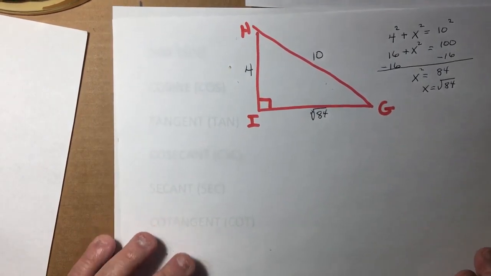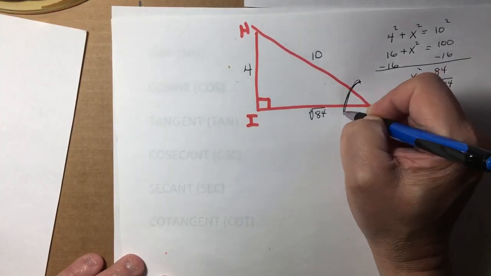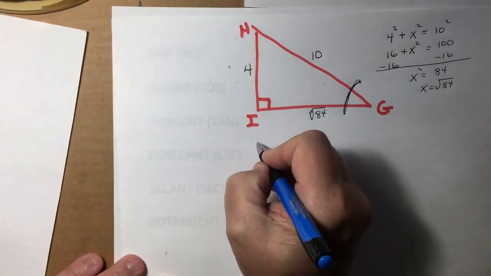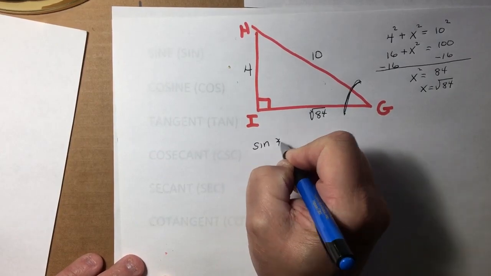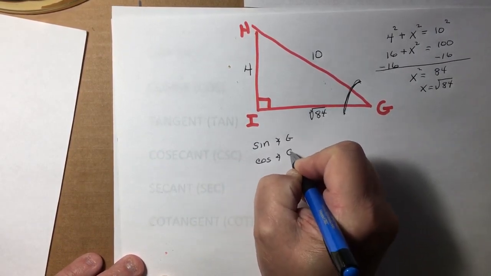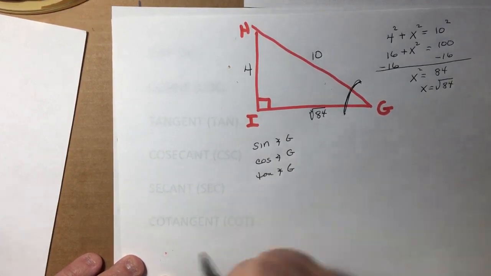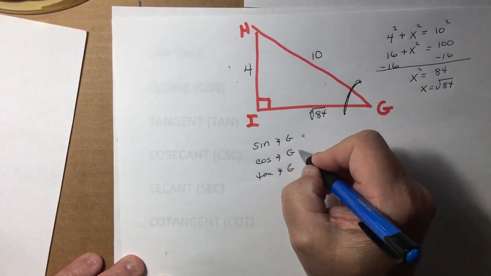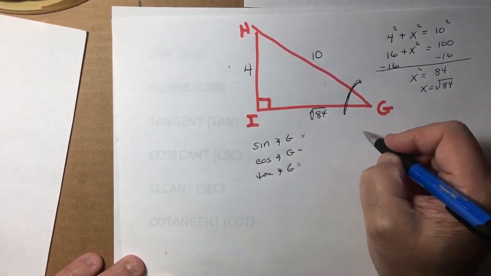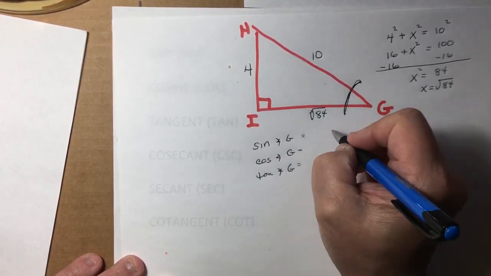So now let's do the 6 trig functions. Let's do it for angle G. So we're going to find the sine of angle G, the cosine of angle G, and the tangent of angle G. And let's list our other 3. I always list them right next to them, the upside downs next to their other one.